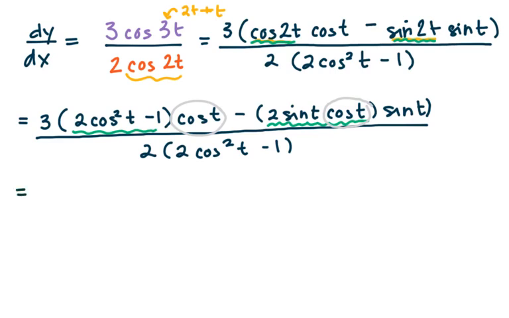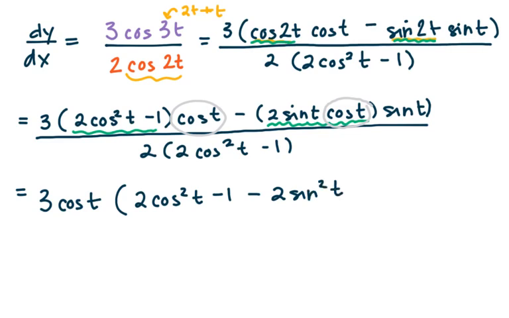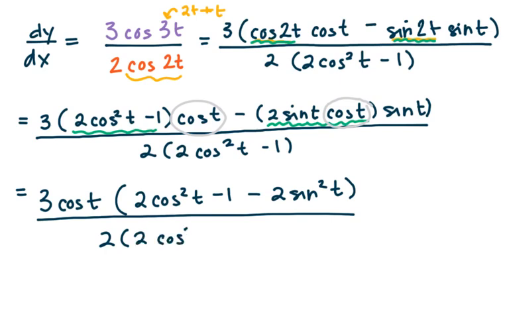So I have 3 cosine t, that leaves me with 2 cosine squared t minus 1 minus 2 sine squared t, all of which is over 2 times 2 cosine squared t minus 1. So I see this is starting to simplify a little bit here.